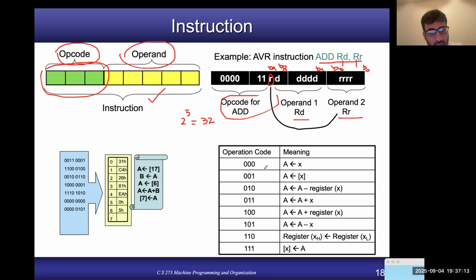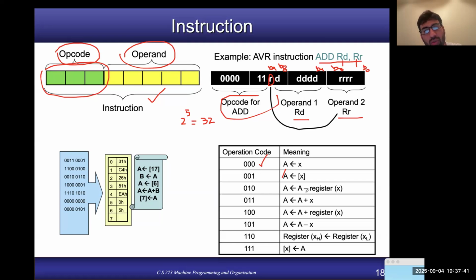So here are some operation codes, but only the opcode is written. For example, if you want to load data from register X into A, then the opcode may be this one. If you want to load data from the memory location at address X into a register, so you are loading data from memory into a register, then the opcode is this.